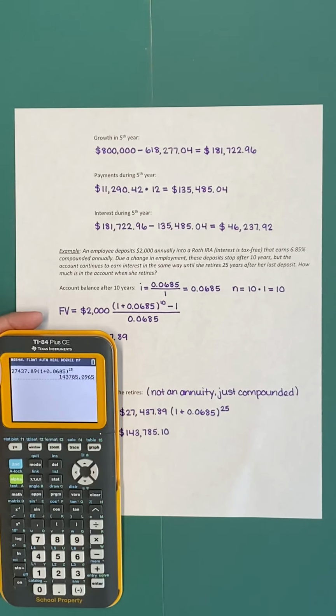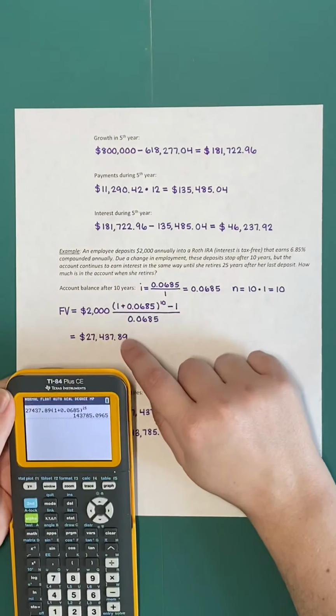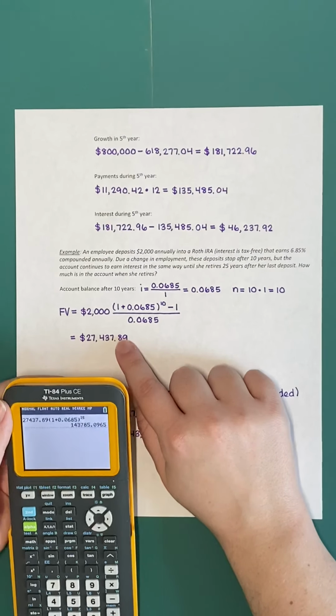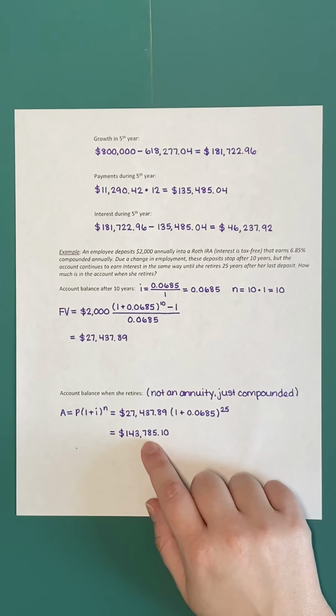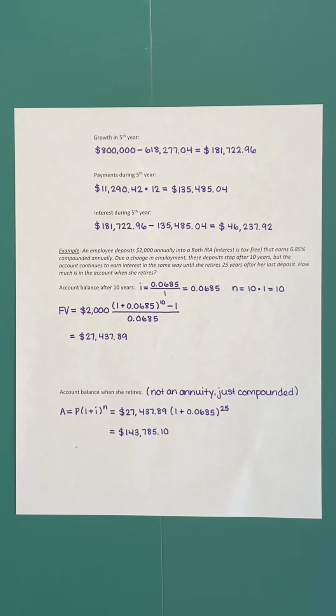So $143,785.10. Look at how much change there was. We went from about $27,500 to close to $144,000. And what's amazing about this is if you think about what was actually happening when we looked at the annuity, she was having to add her own money to the account.